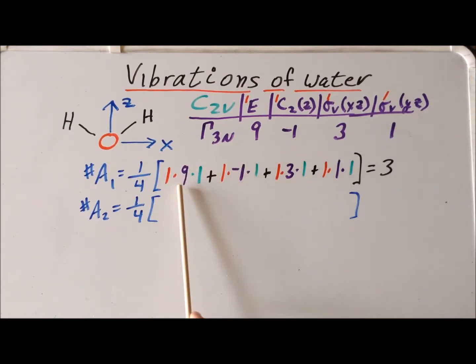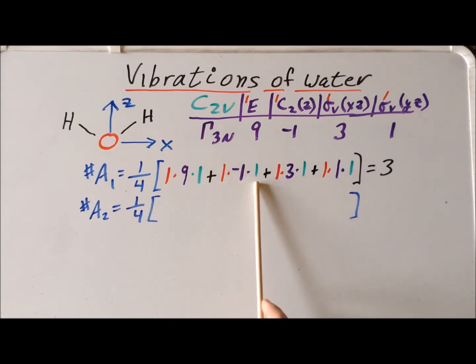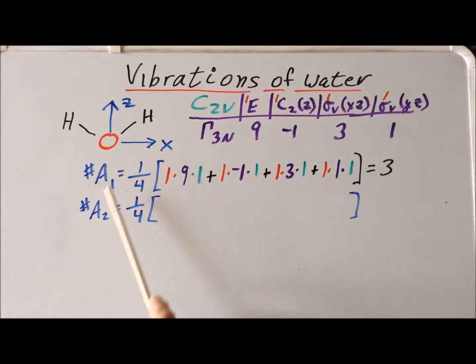And the character from the reducible representation will always be the same. So the only factor that we need to change in each line is the third number in each of these terms. Because this particular value, the positive ones that are in green here, are from the character table for the irreducible representation A1, and then in this case we need the characters for A2.